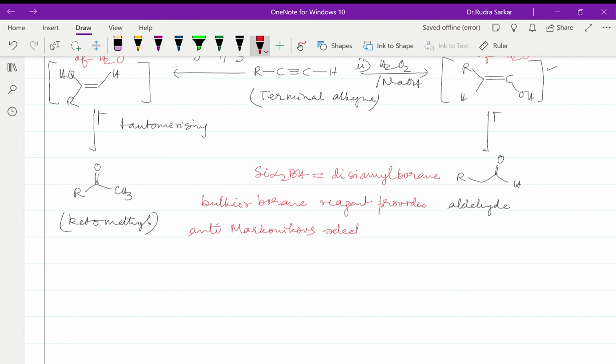That is why we are using this reagent and not simply BH3 in THF. So this is the structure of the reagent that we are using here.